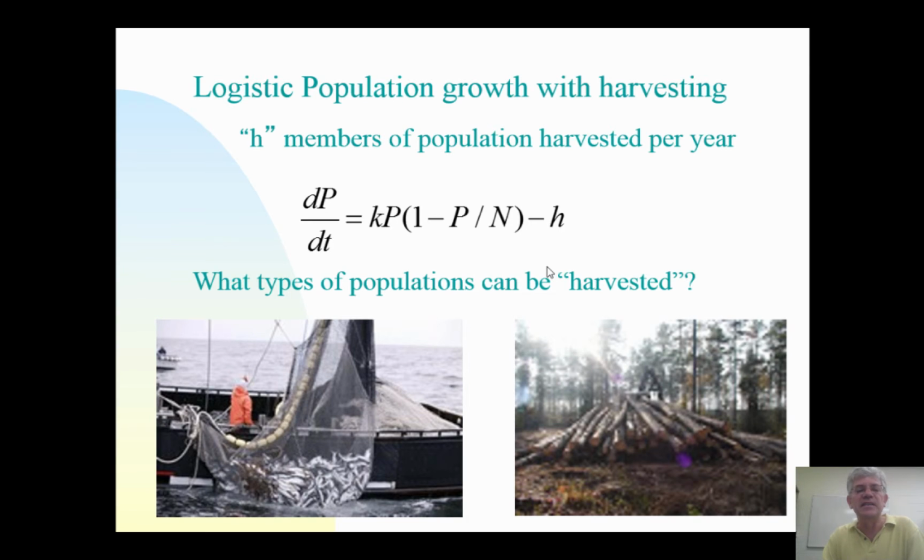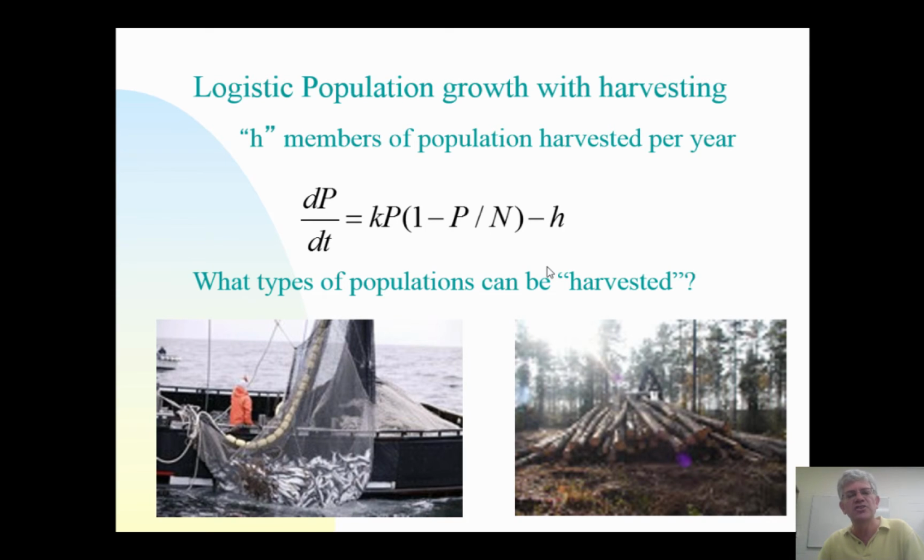So here we immediately see a nice connection of this important concept of the population growth with harvesting to real-world situations. This harvesting, we can think of examining the differential equation with different levels of harvesting. And what we'll find is that as the harvesting level changes, there are certain critical values of the harvesting level called tipping points, or mathematically we call them bifurcation values.